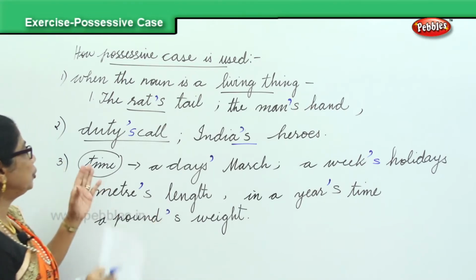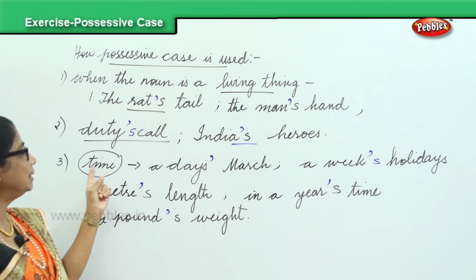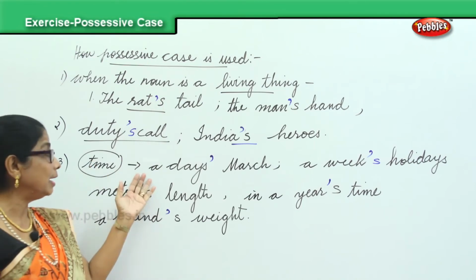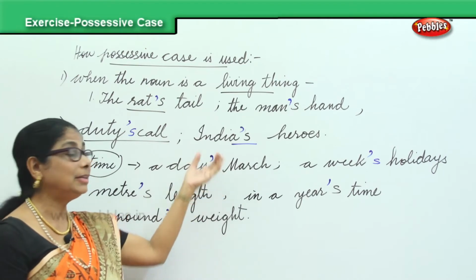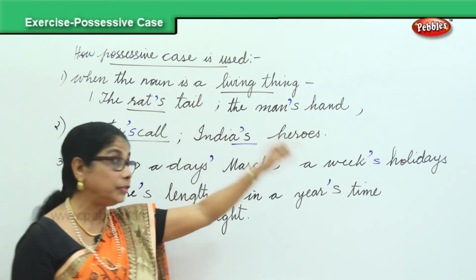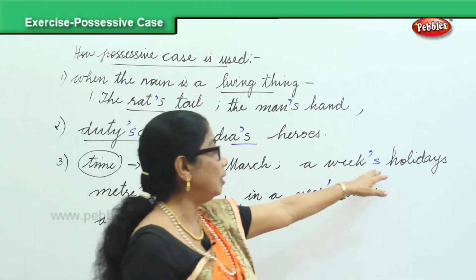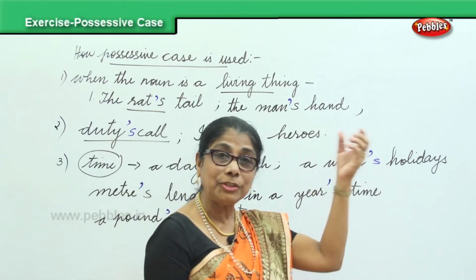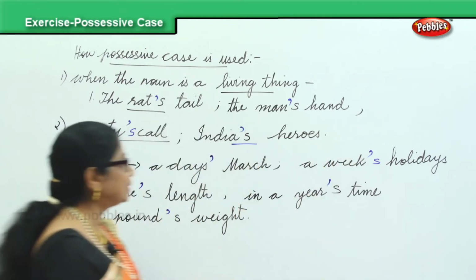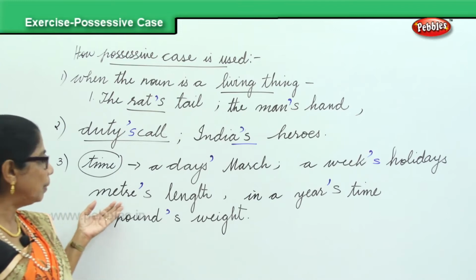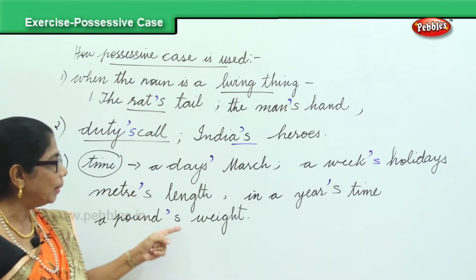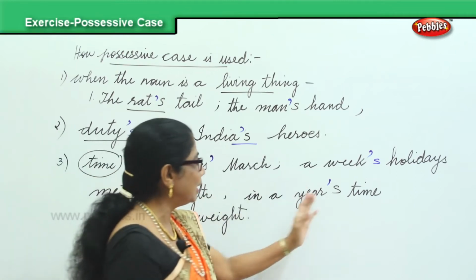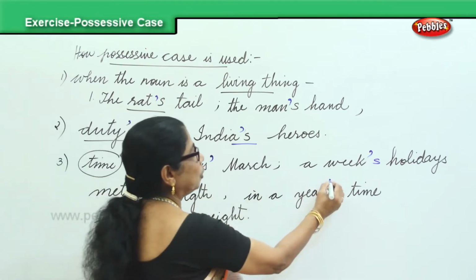When we talk about the possessive case in terms of time, a day's march, you put the apostrophe after the day. A week's holiday, you write the week, apostrophe followed by S. When you talk about meter and pound, you put the apostrophe followed by S. In a year's time, you put the apostrophe followed by S after the year.